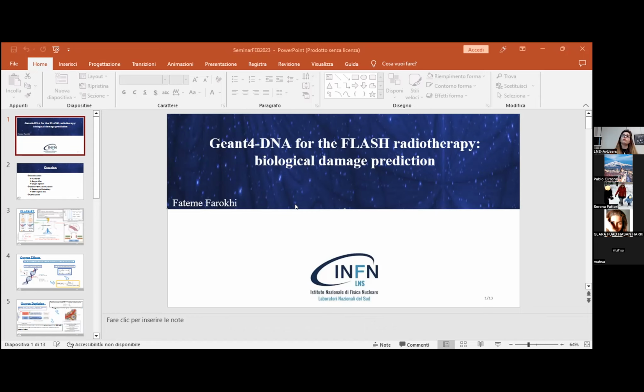Therapeutic window means that when the normal tissue complication probability is decreased, we can deliver more dose to the tumor.